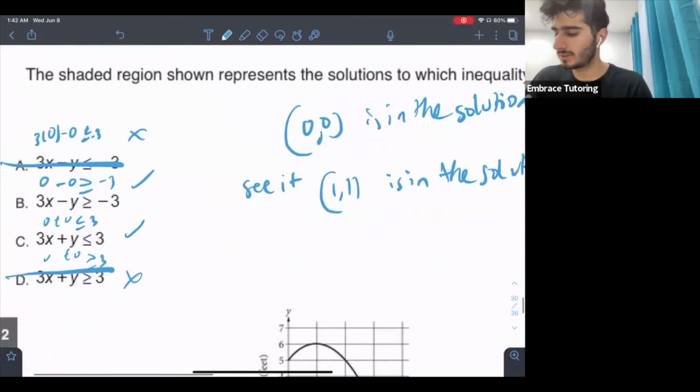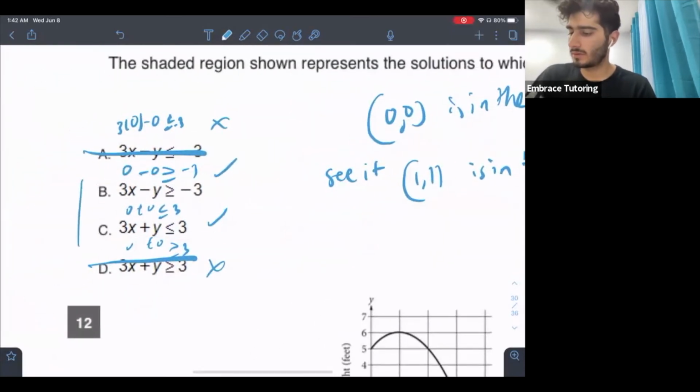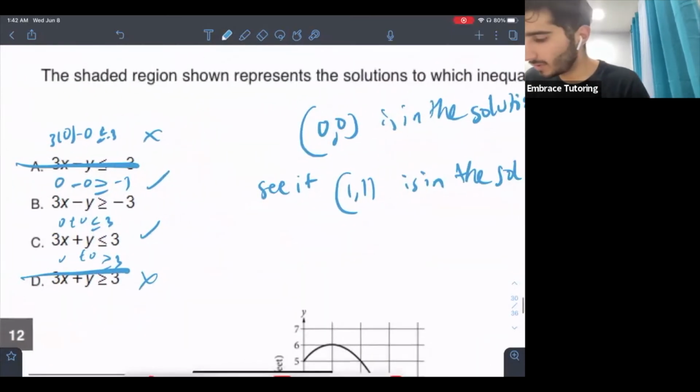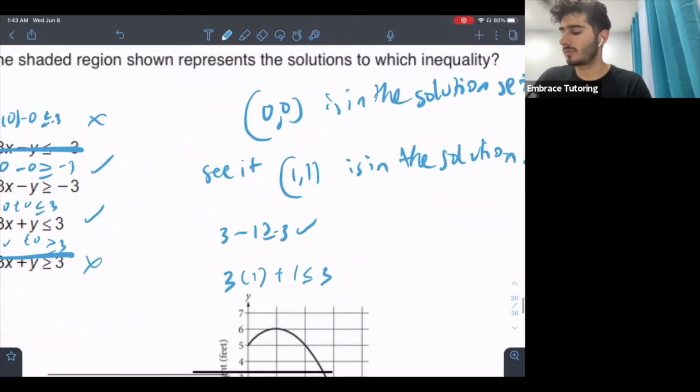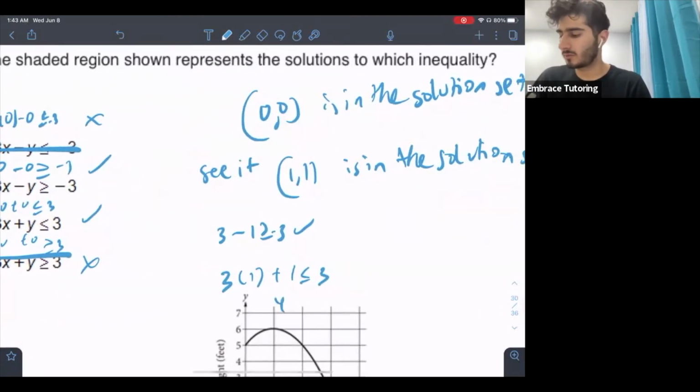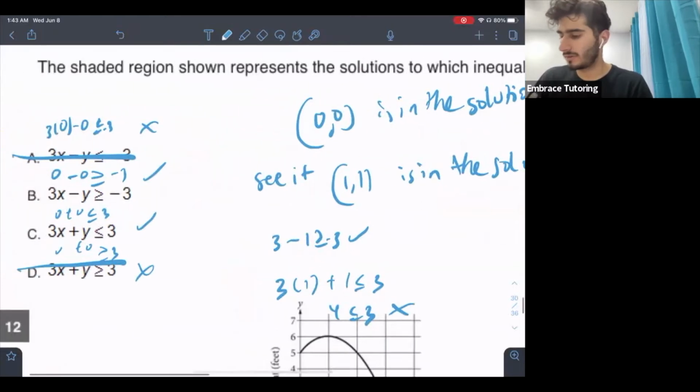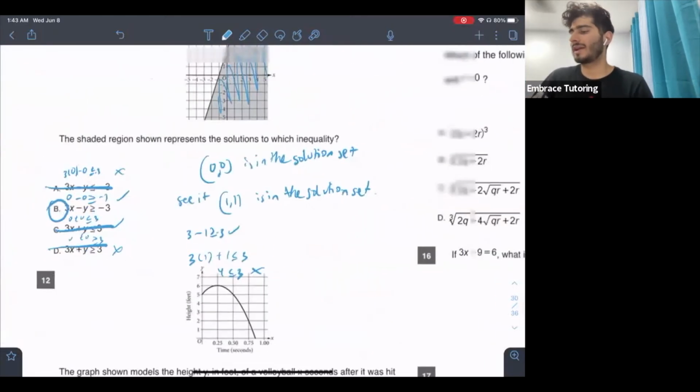Okay, so now it's only these two choices left. So I would do 3 times 1 is 3, minus 1 is greater than or equal to -3. That is correct. Now 3 times 1 plus 1 is less than or equal to 3. 3 times 1 is 3 plus 1 is 4, less than or equal to 3. That's incorrect, meaning choice B is our answer.